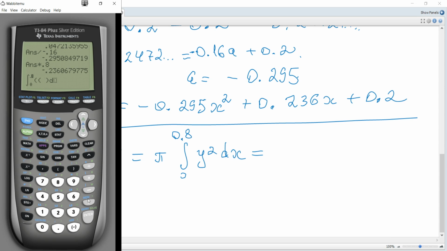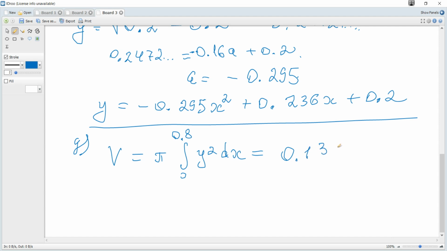So it's negative 0.295x squared plus 0.236x plus 0.2, then squared, dx, and then multiplied by pi, and it is equal to 0.135 to 3 significant figures.